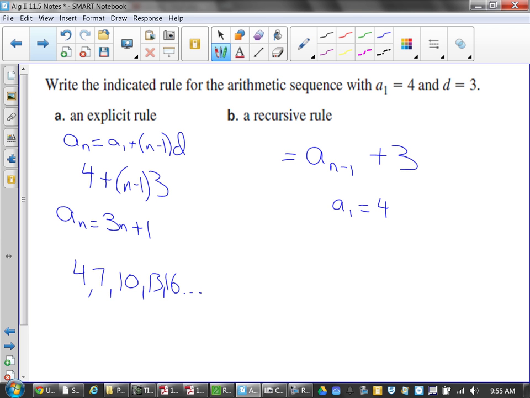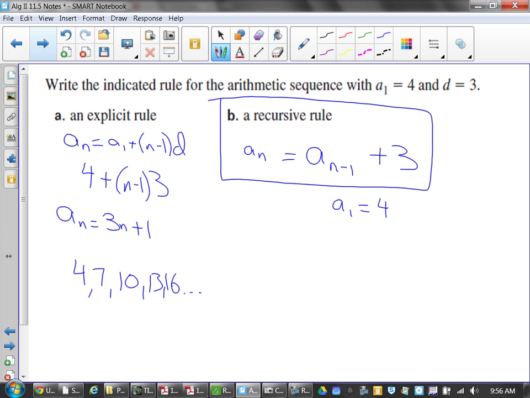So here's where things get a little bit garbled. The recursive rule still uses it in terms of relations of the explicit. They still use a sub n. The only difference here is the recursive rule, what is different? What's the only thing that you have to put in? The minus 1, for the first term.